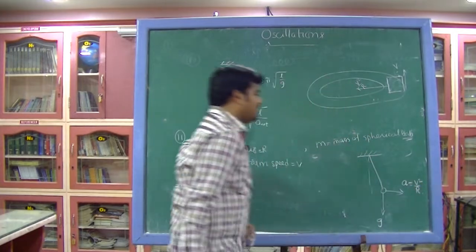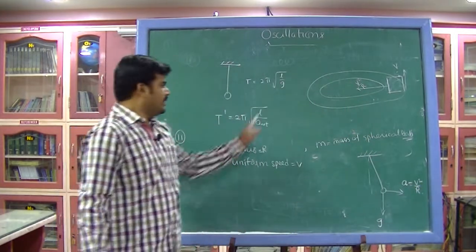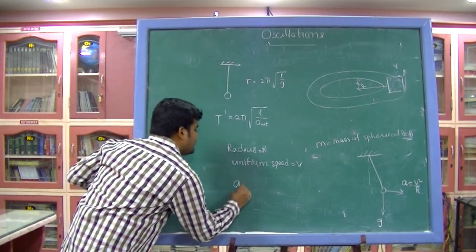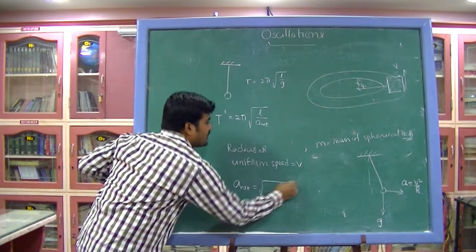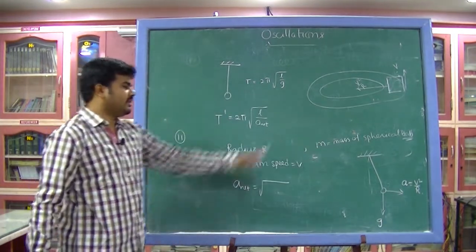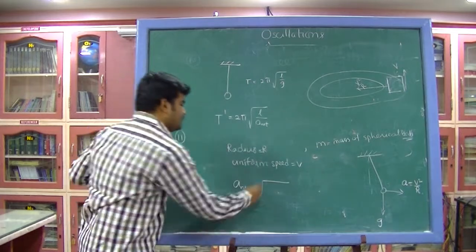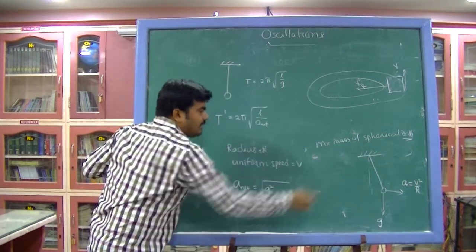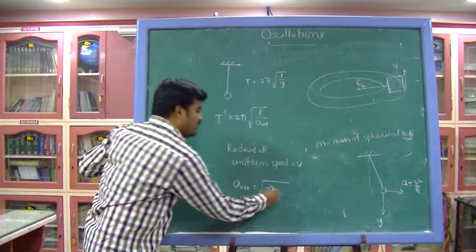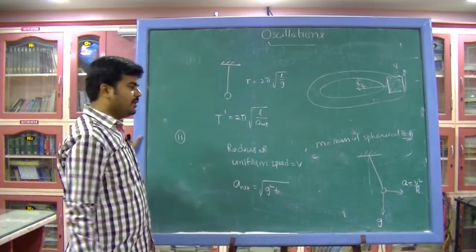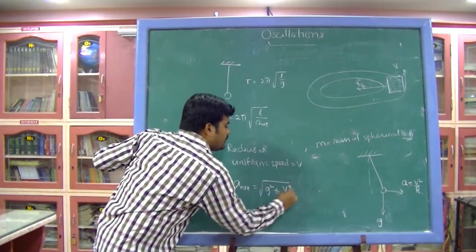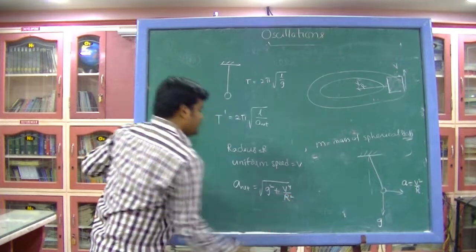Now, the net acceleration experienced by the pendulum can be calculated as A net is equal to root of, because the angle between the two accelerations is 90 degrees, g square plus A square, that is v square by r whole square, which is v power 4 by r square. This is the net acceleration.